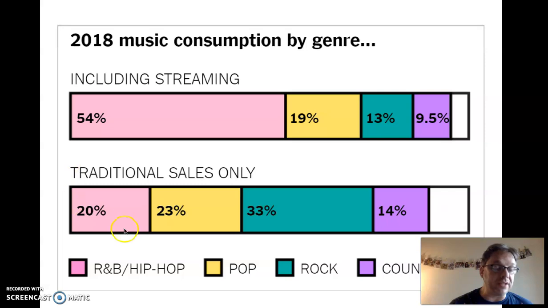If we go to traditional sales only, buying a CD, rock music at 33% is the most. So 33% of the people coming into a store that sells music, such as CDs, are looking for rock music. Now the people that are looking for CDs and streaming music, 54, over half, are looking for R&B or hip hop. Let's try another one.